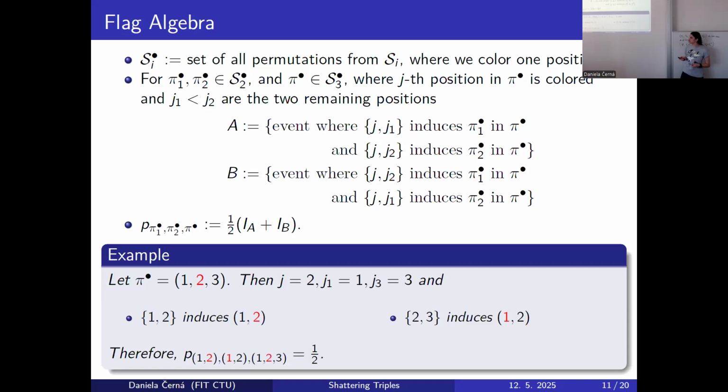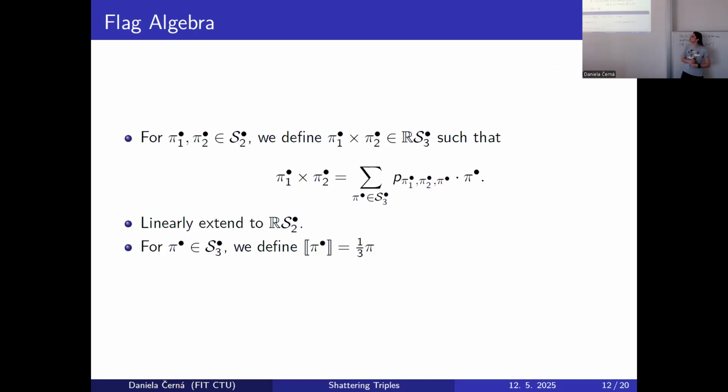So this coefficient will be 1/2. And we need these coefficients to define the multiplication, which is just the sum over all permutations with one position colored of order 3, with this coefficient multiplied by the permutation.